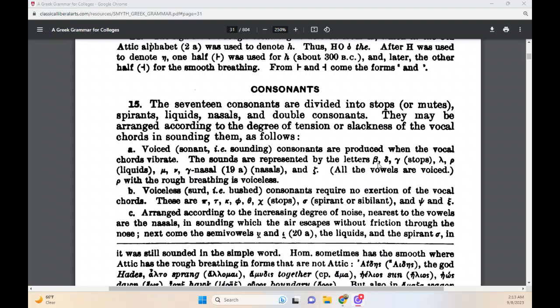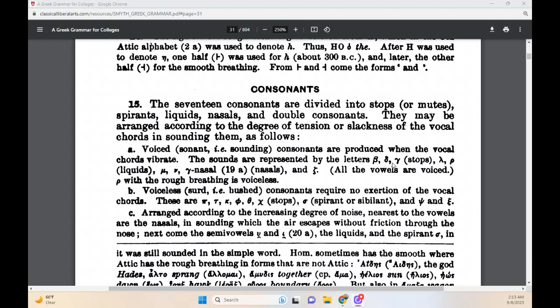So if we pronounce the sound of the consonant beta, just make the sound and keep your hand on the front of your throat. B, b, b. You'll feel that your throat, your vocal cords vibrate when you make the sound of the consonant beta. The same is true of delta. D, d, d. You'll feel your vocal cords vibrating, and gamma. G, g, g.